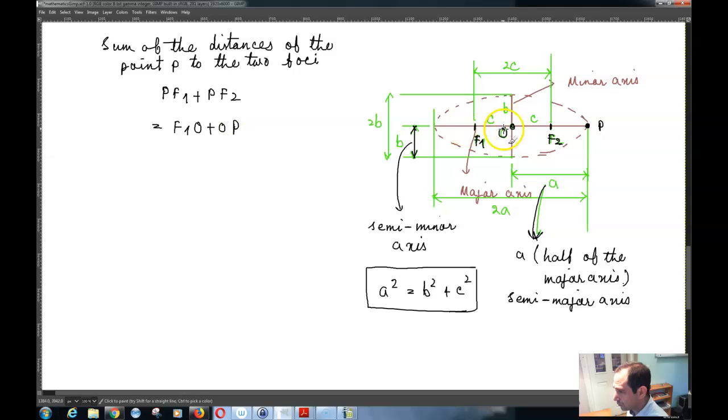F1O plus OP is basically equal to PF1, and PF2 is basically this whole distance OP minus F2P. Now OP is equal to C here, and this is also equal to C here.